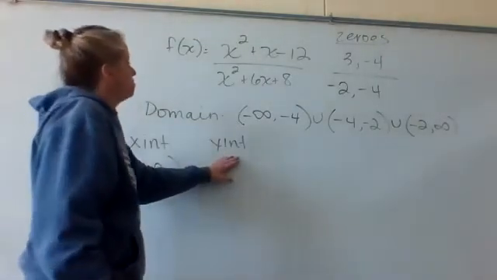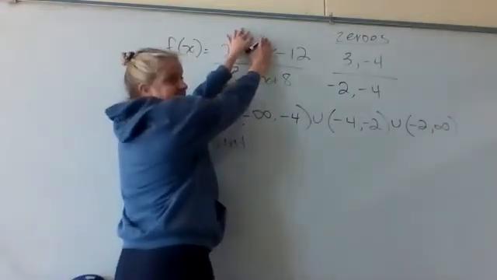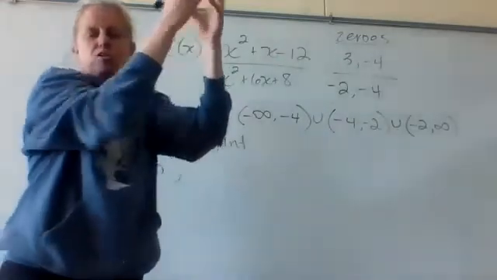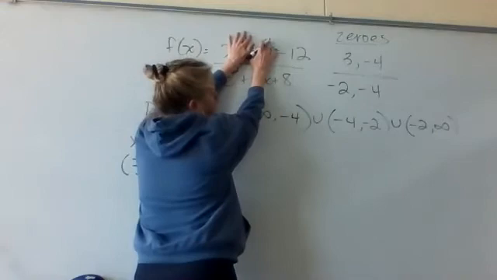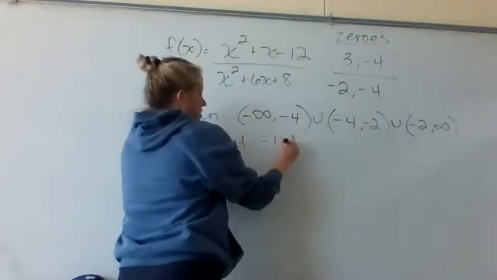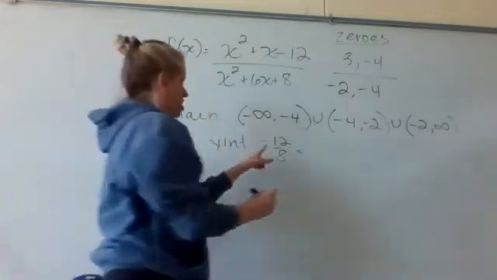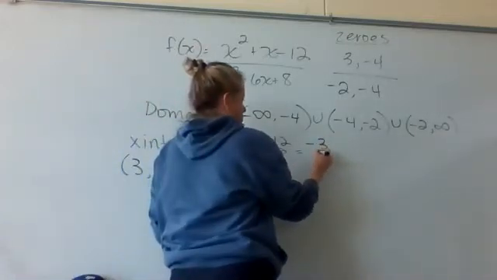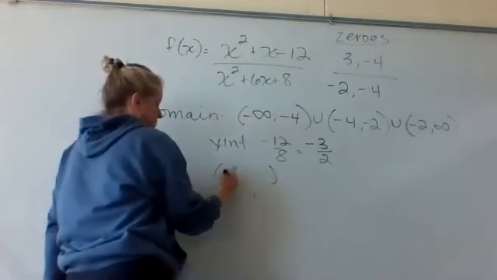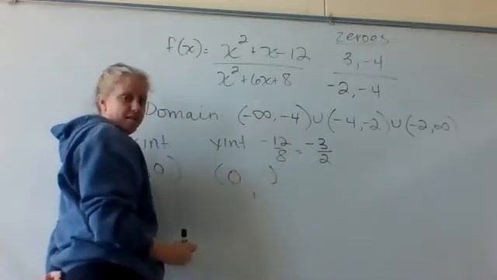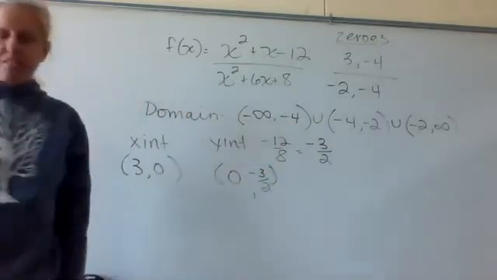Your Y-intercept means essentially just cover up every term that has an X, because if you put in zeros in all those terms, you're just going to knock them out. So if I cover up all those, I'm left with -12 over 8, which reduces, right? 4 goes into both of those. So it'll reduce to -3 over 2. So your y-intercept is at 0, negative 3/2.